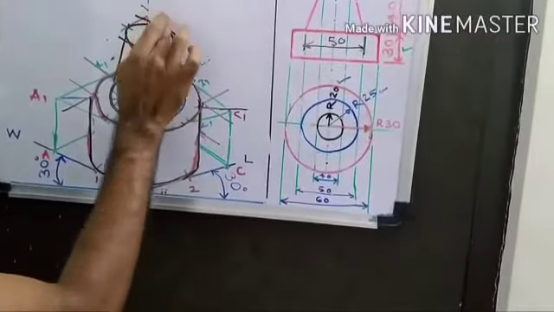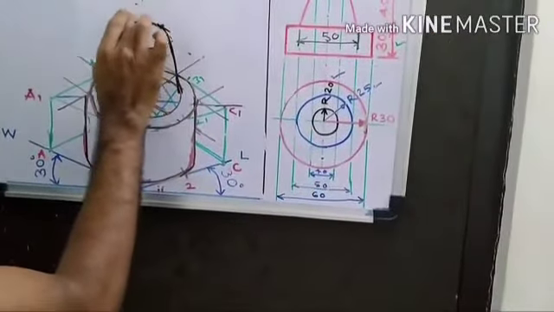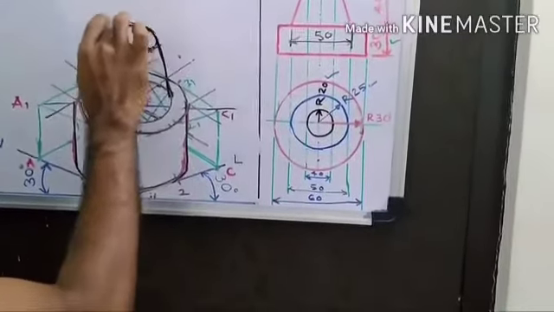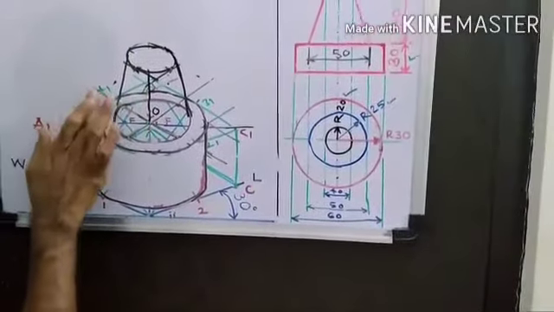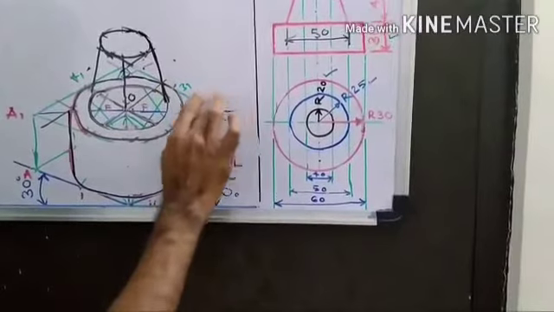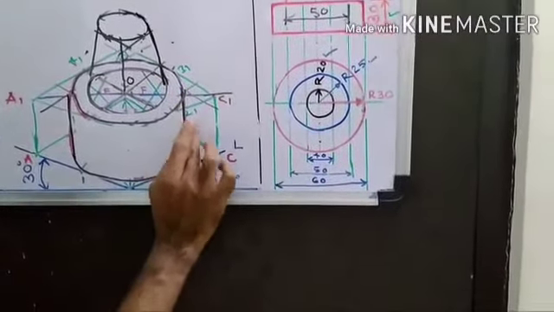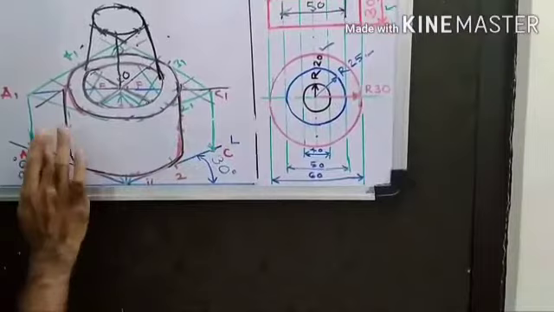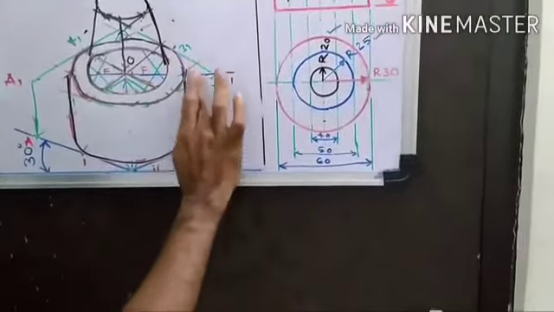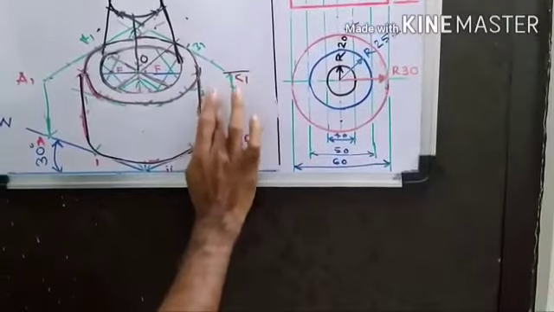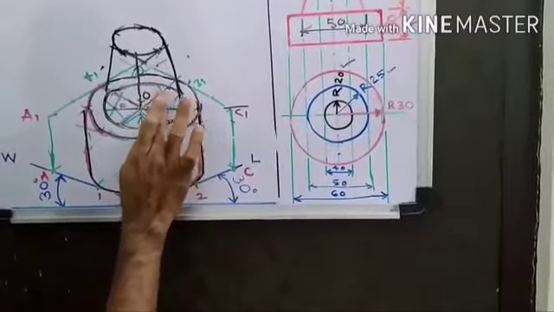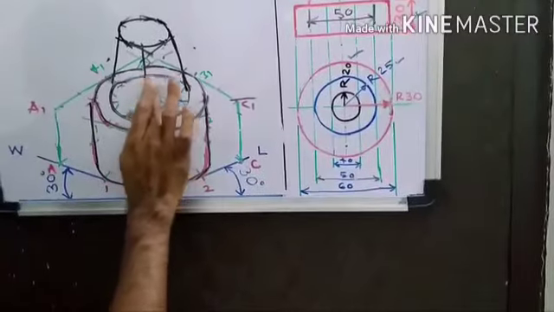This is construction lines. Just for the sake of you, I am erasing to get the clear isometric projection. These are the extended lines. Leave it. Now you can see this entire thing I am erasing inside of it.